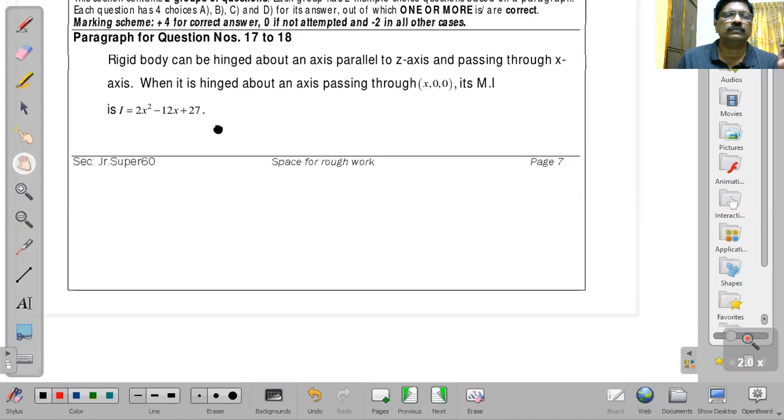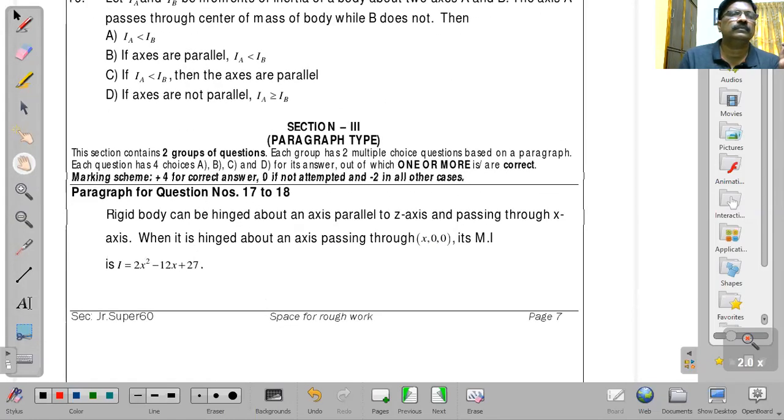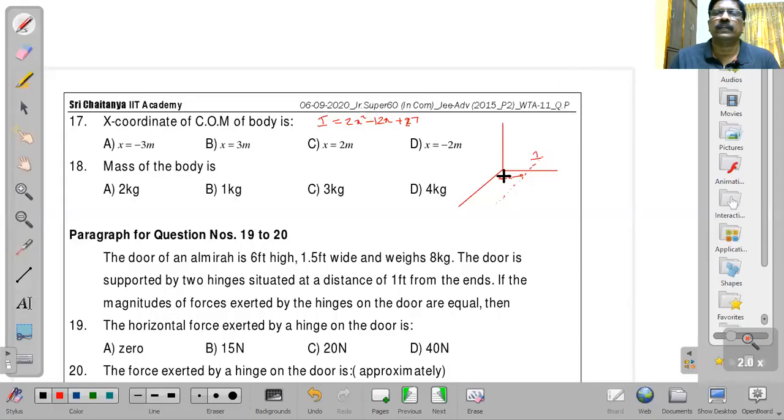Now, okay, you see here this is the x-axis, this is the y-axis, and this is the z-axis. The moment of inertia of the rigid body, which is hinged about an axis parallel to the z-axis. Here there is one axis parallel to the z-axis, passing through a certain point on the x-axis.